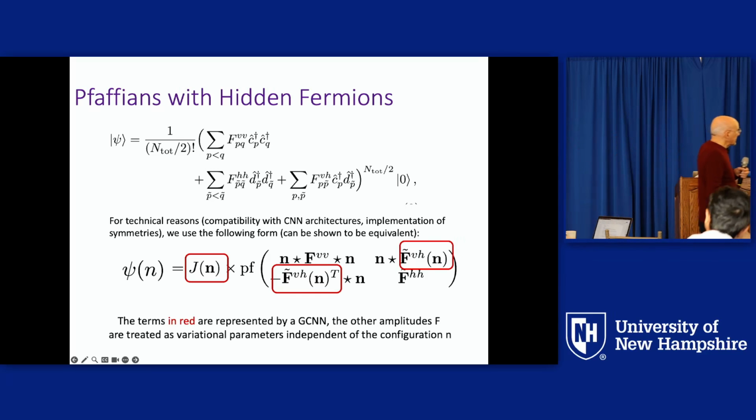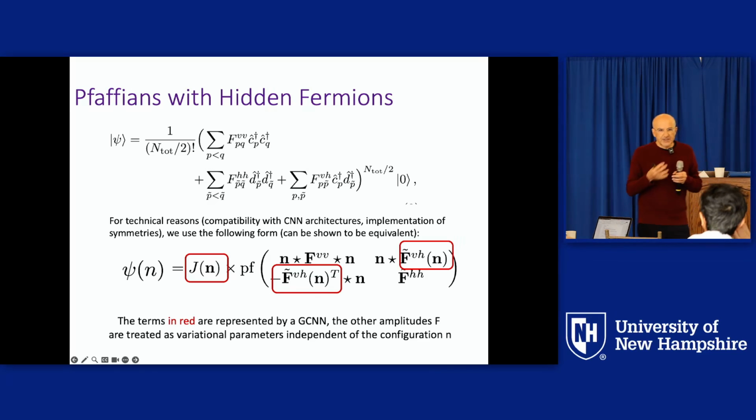Okay, so there are several advantages to this architecture, and I have to credit Ao Shen and Chris for realizing all these very important technical aspects. One of these important technical things is that because the Pfaffian structure involves differences of coordinates of electrons, it becomes much easier to implement symmetries, especially translational symmetries, in this framework.